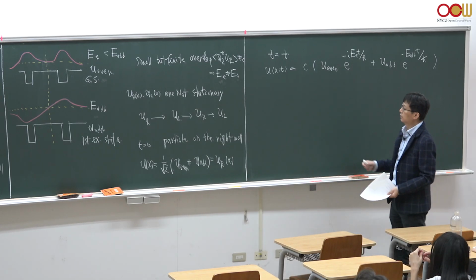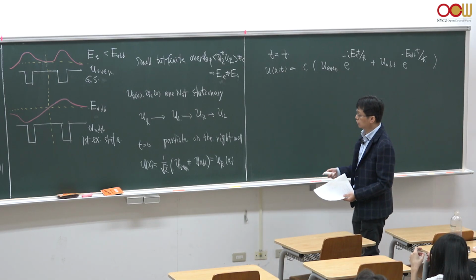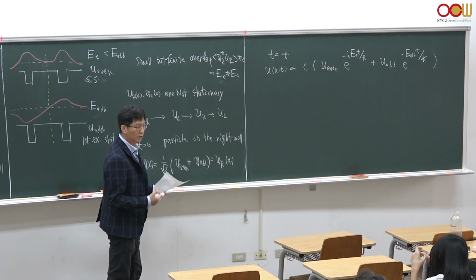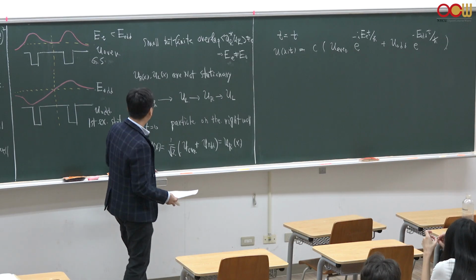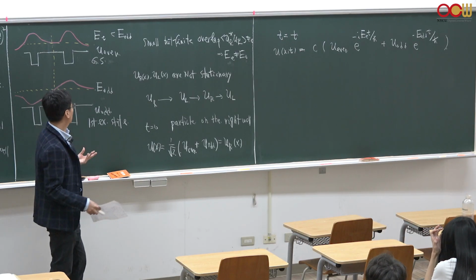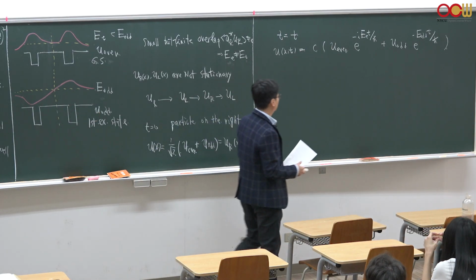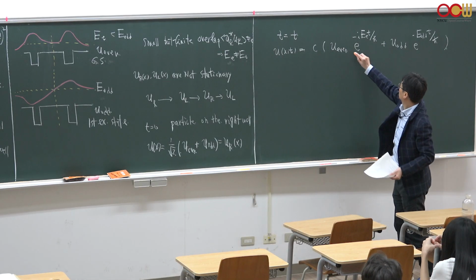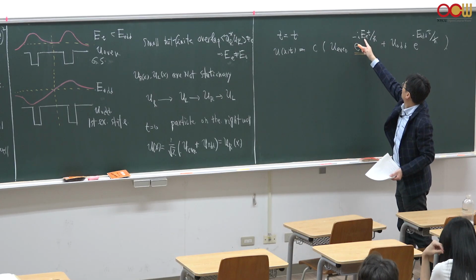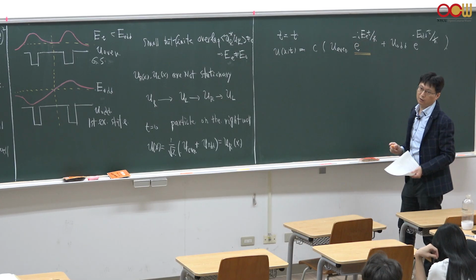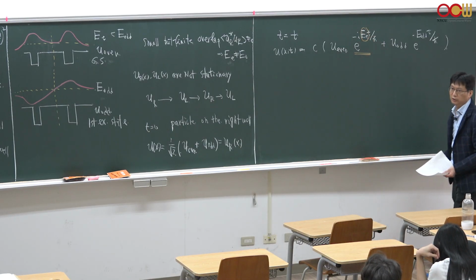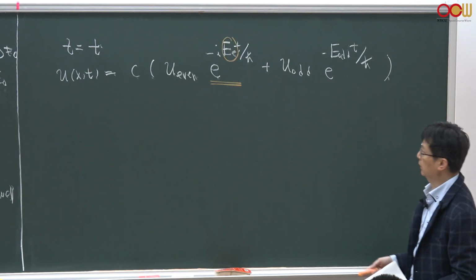So you need to time evolve not just U right or U left, because U right and U left are no longer the eigenstates. Instead, the eigenstates are U even and U odd. So U even and U odd time evolve at different rates, and the time evolution corresponding to U even is e to the minus i capital E even t over h bar. You need to use the corresponding eigenenergy when you time evolve the Schrödinger states.